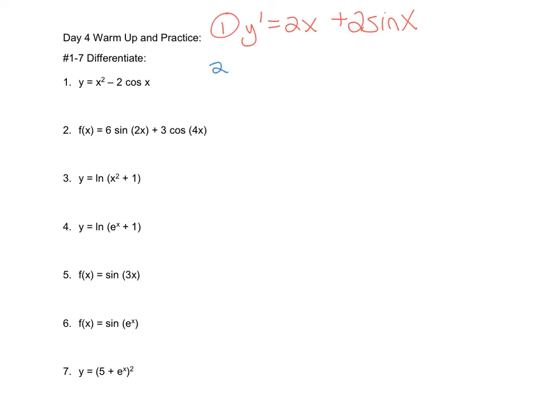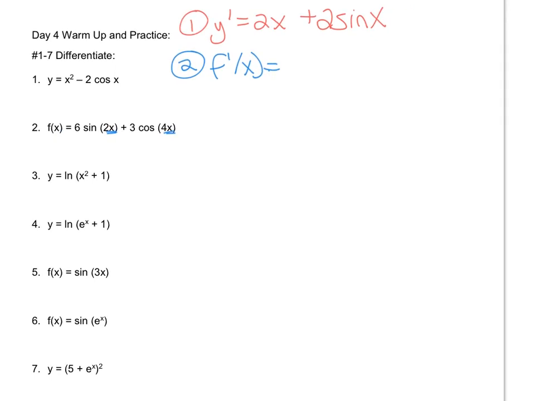For number 2, we have a chain rule because we have these u functions in here. So we're going to start, we've got the coefficient carries down. The derivative of sine is cosine times the derivative of that inside 2x, which is 2, plus the 3 carries down.